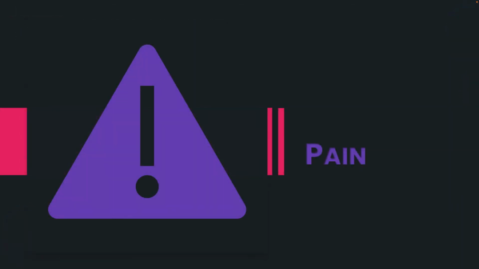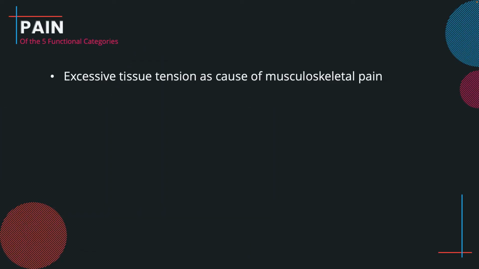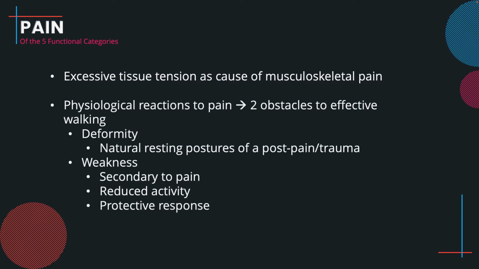So now we'll look at pain and how that can affect the gait cycle. Pain often occurs concomitantly with other things that can affect someone's gait, such as deformity or range of motion issues, but this tension on the tissue can cause musculoskeletal pain that can also result in changes in their walking. Because of how the body handles pain, this leaves us with two obstacles to effective walking.